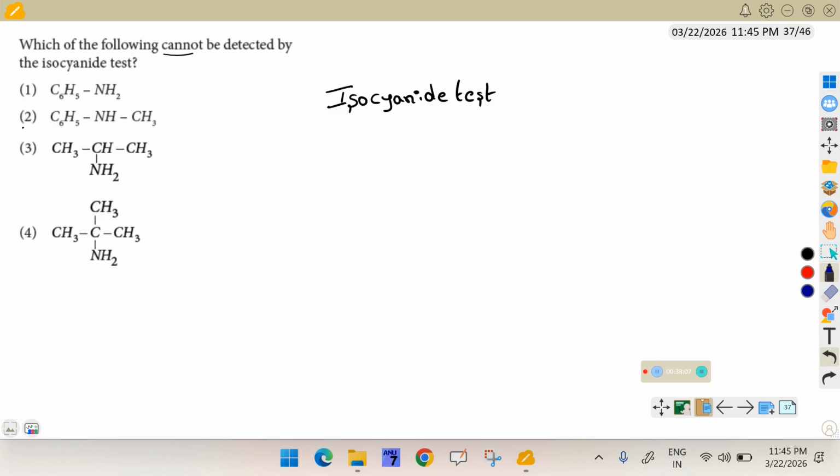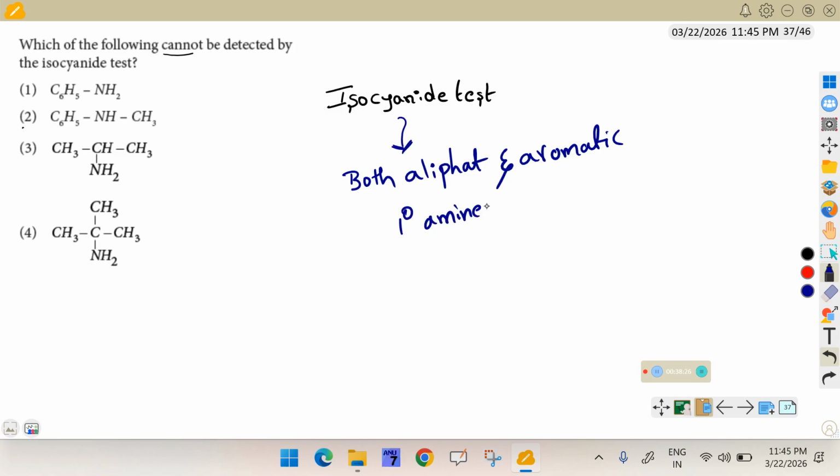Which of the following cannot be detected by the isocyanide test? Isocyanide test: both aliphatic and aromatic 1 degree amines give the isocyanide test.